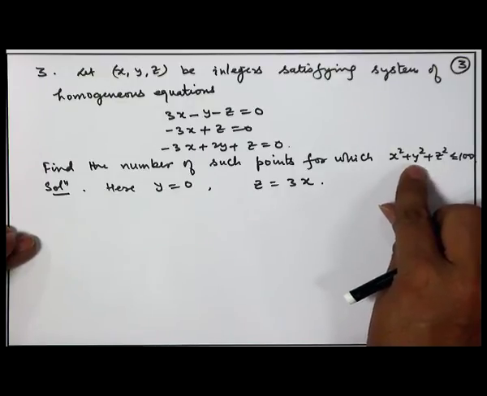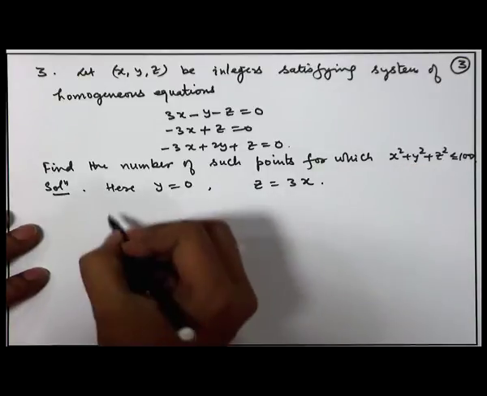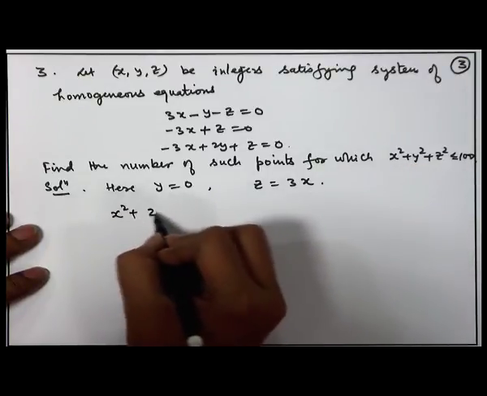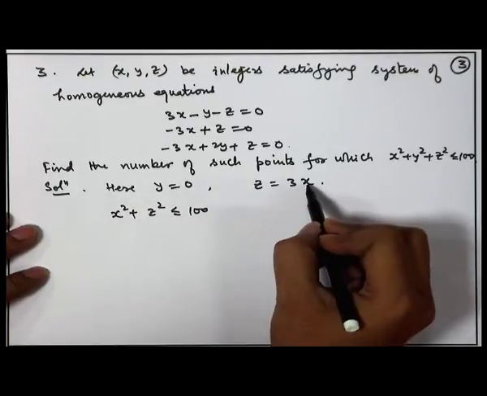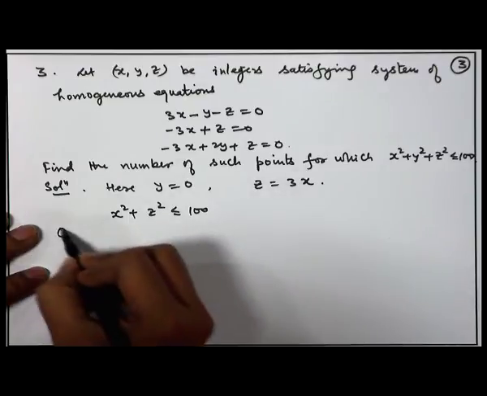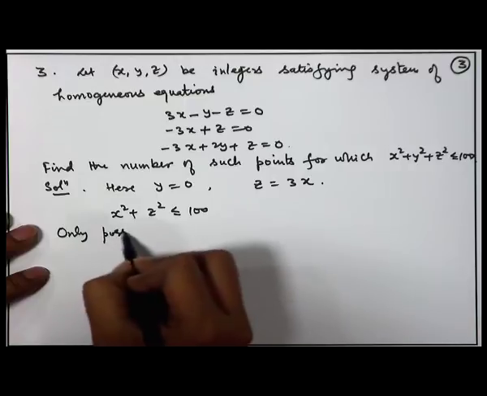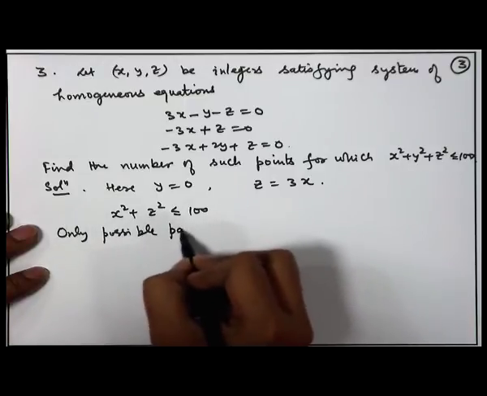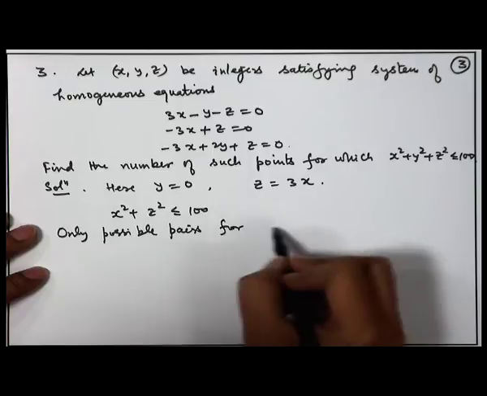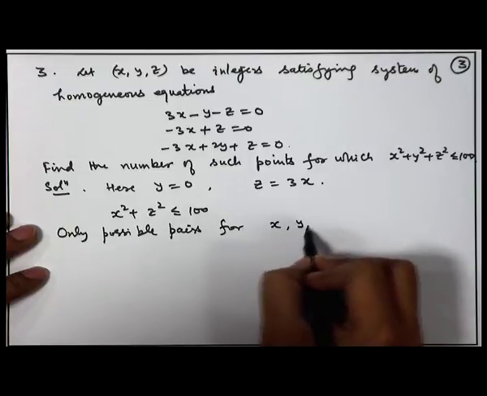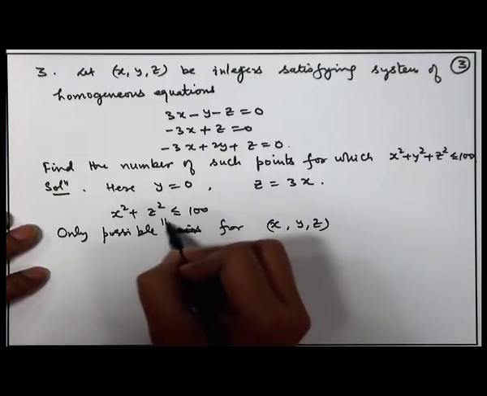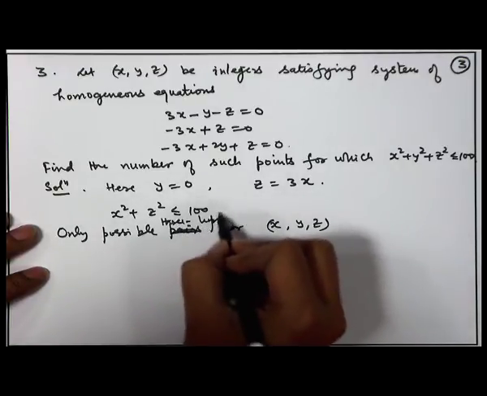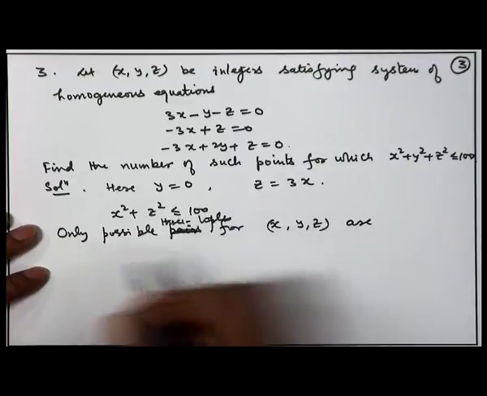Now, here since y is equal to 0, you are having only the condition that x square plus z square is less than or equal to 100. So, what are the pairs? Here you are having z as 3 times x. So, the only possible 3-tuples for x, y, z, they are not pairs basically, are these.